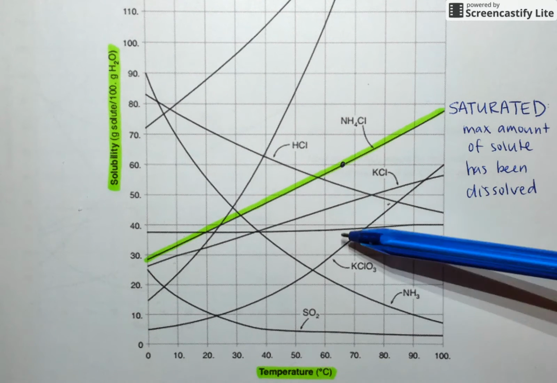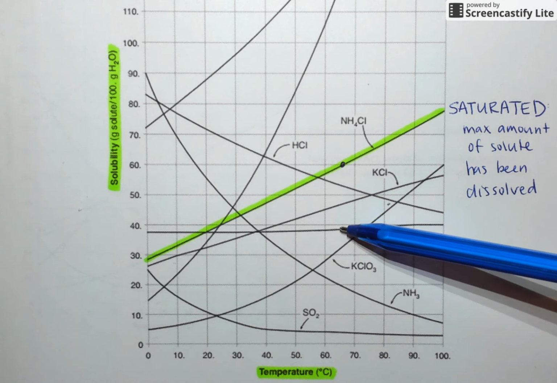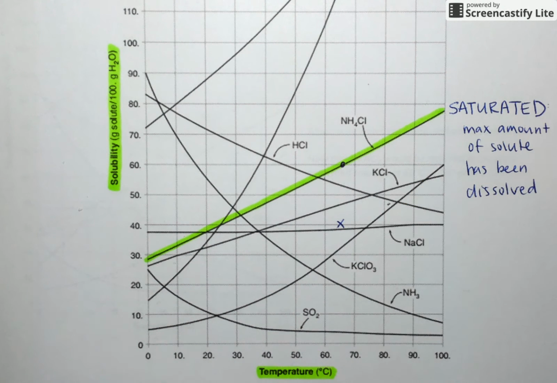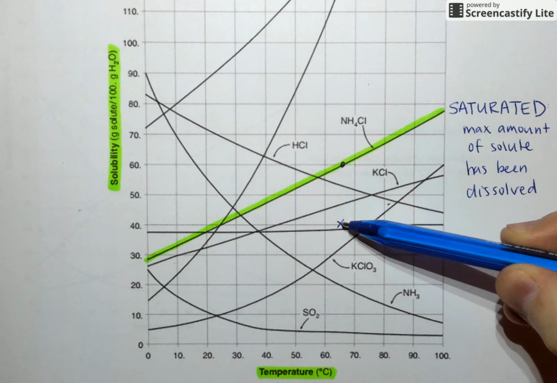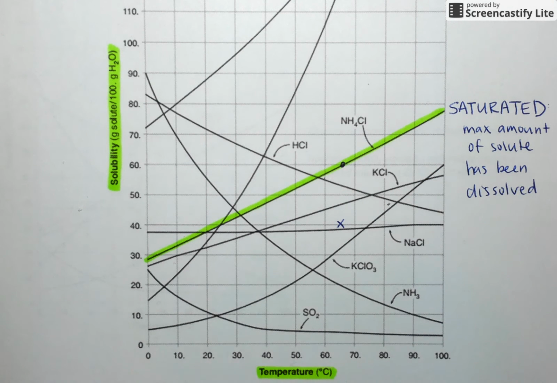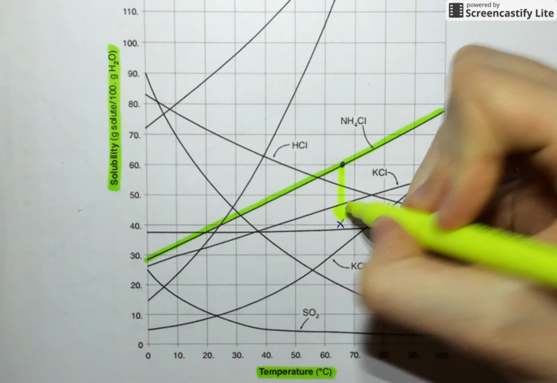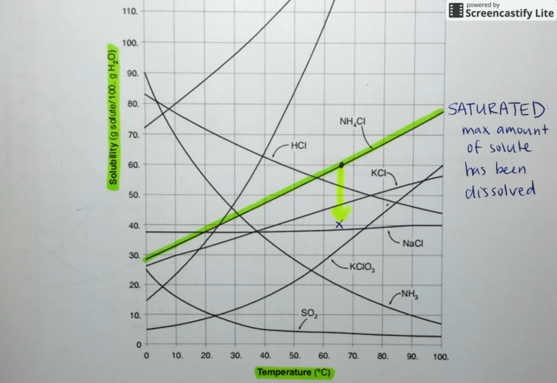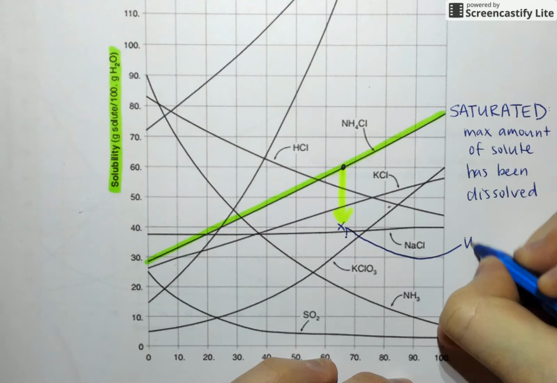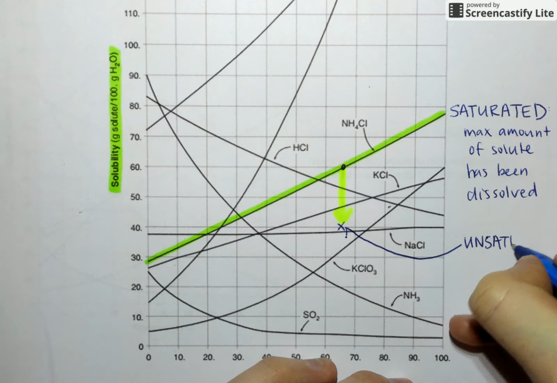Now, let's say we only dissolved 40 grams of ammonium chloride in water at 65 degrees Celsius. That would put us right there on the graph, which is well below the limit for that particular temperature. Anything falling below that line, we define as unsaturated.